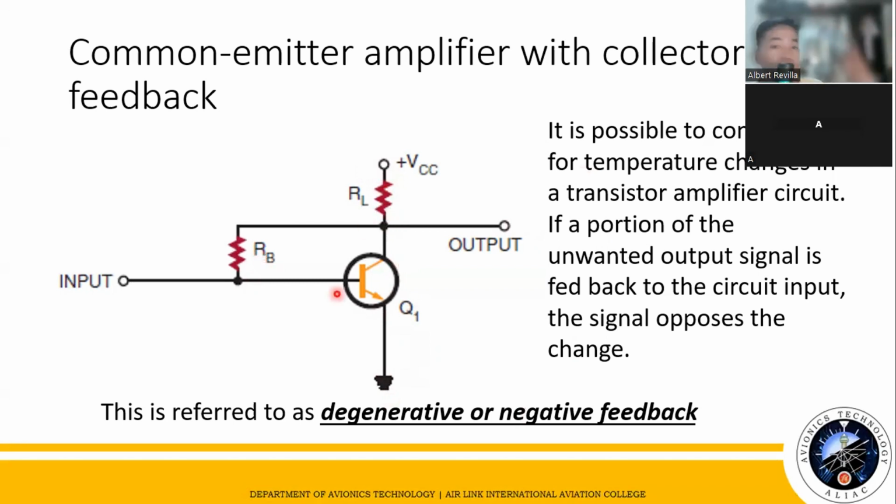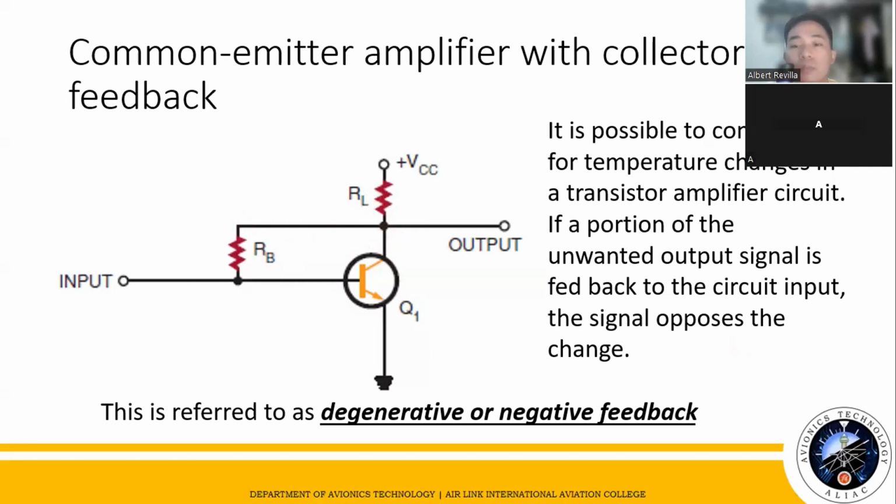So, if a portion of the unwanted output signal is fed back to the circuit input, the signal opposes the change. So, this is referred to as degenerative or negative feedback. So, sa circuit using degenerative feedback, the base resistor is connected directly to the collector ng transistor.